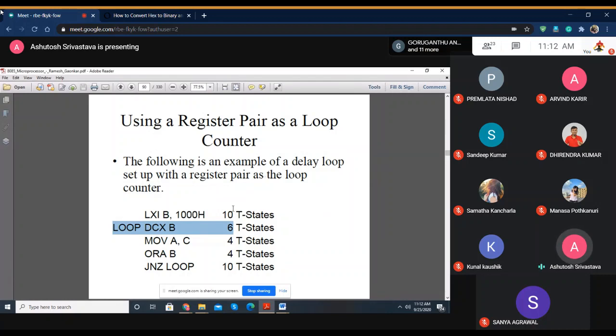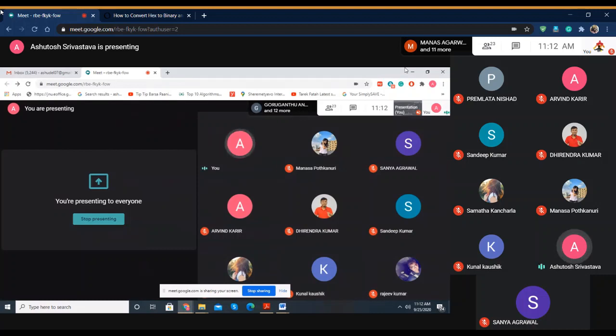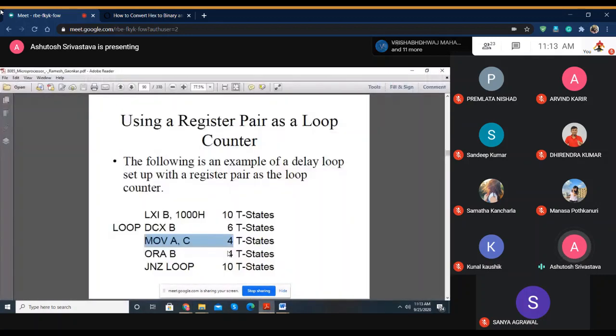Similarly, for the instruction MOV A, comma C. All of you, please check. Sandeep, Dhirendra, Rajiv, Sandeep, are you there? Yes, sir. What is the equivalent binary form, say, for opcode MOV A, comma C?